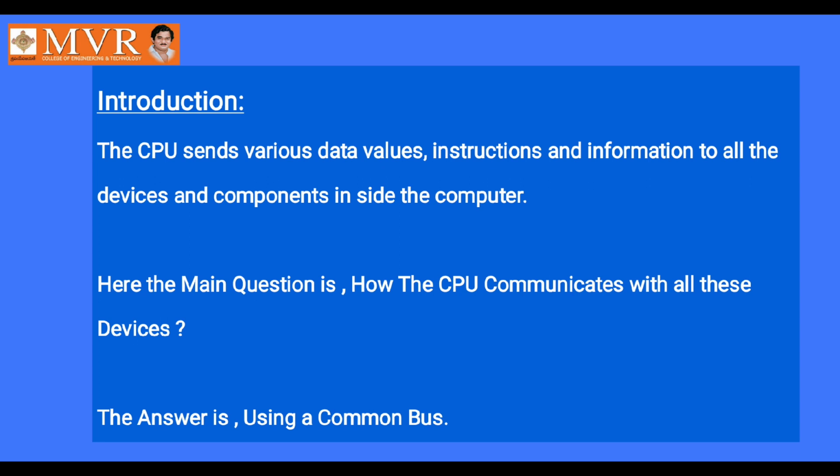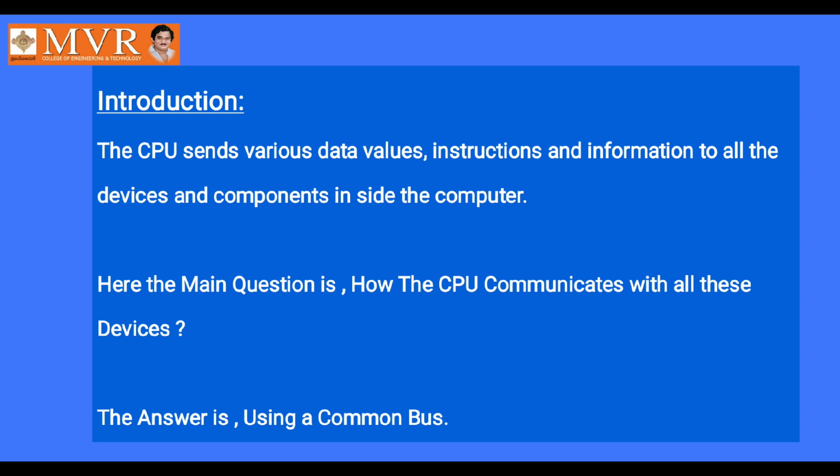Now, the CPU sends various data values, instructions and information to all the devices and components inside the computer. Why am I stressing this point, that the CPU sends? I told you the CPU, the central processing unit, contains two components: the arithmetic logical unit and the control unit.